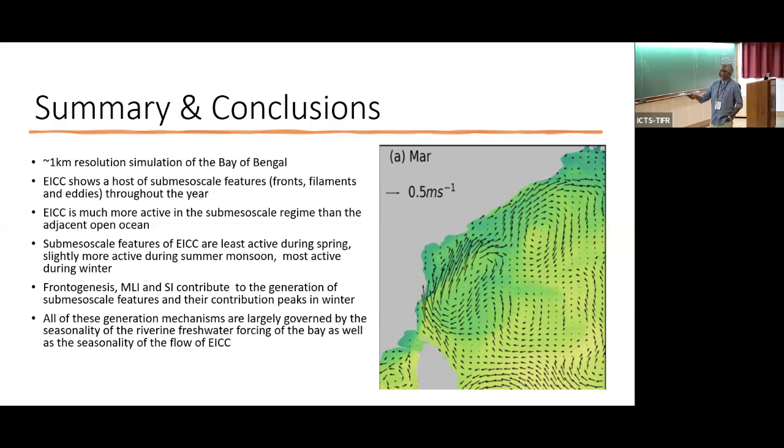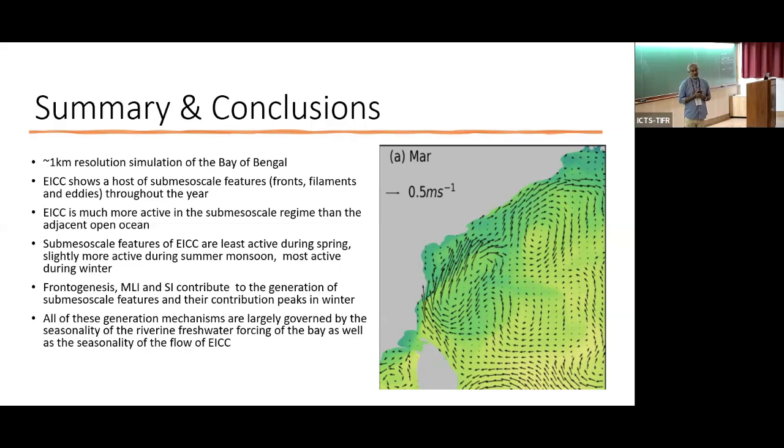Then we have looked at frontogenesis, MLI, and SI, and these two seem to have a major contribution to the generation of submesoscale activity. The most surprising result is that the river plume is most active during the summer monsoon, when it is a fairly large plume sitting off the northern part of the coast, causing very thin mixed layers and everything.